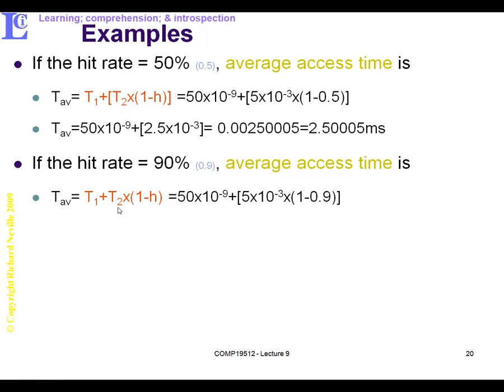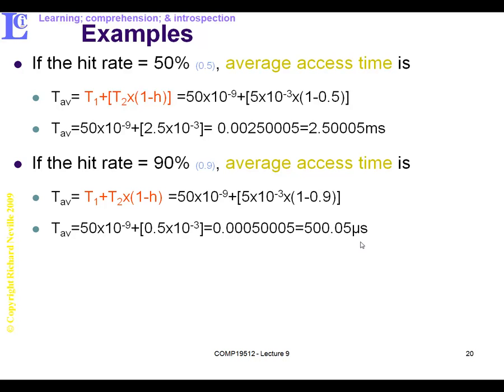It's T1 plus T2 times 1 minus h, put in the numbers, put in the new hit rate, and you'll suddenly see T average 500.05 microseconds.